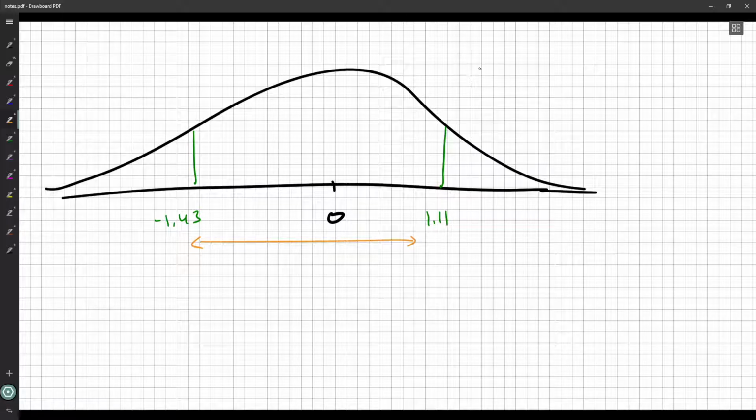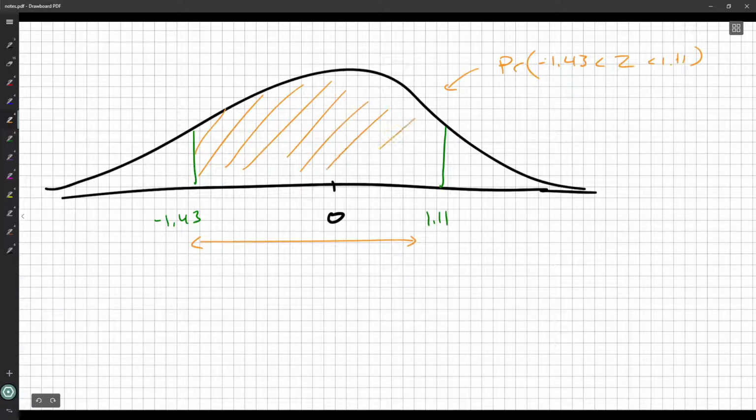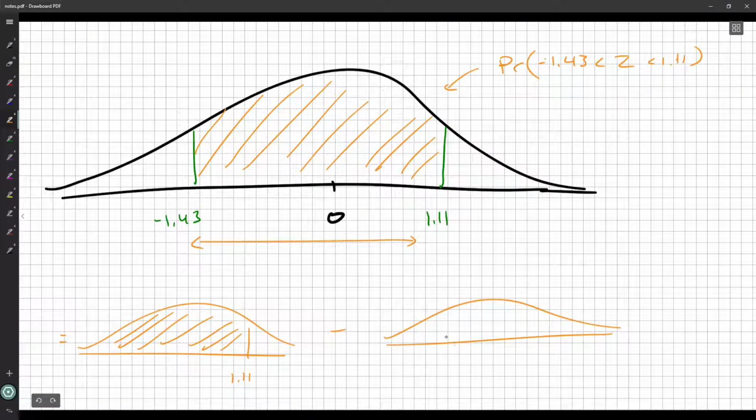So the probability of this intersection, which we've rewritten, is just going to be the area in between these two. How do I work out this area? Well, it is the area to the left of 1.11, take away the area to the left of negative 1.43.